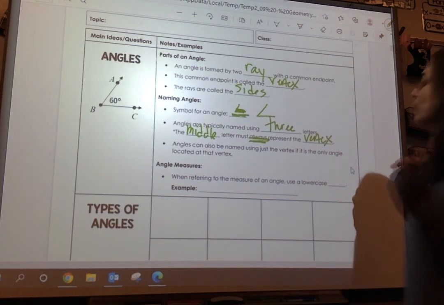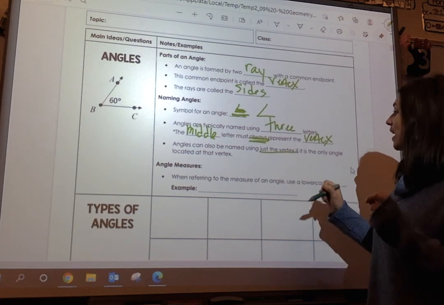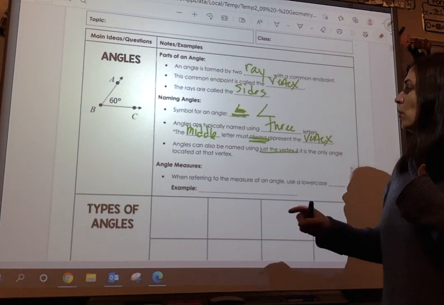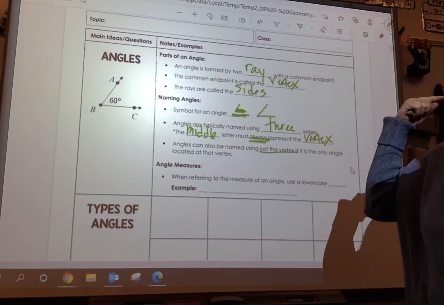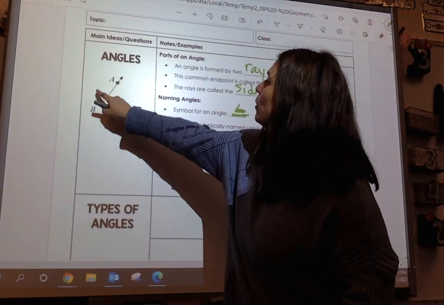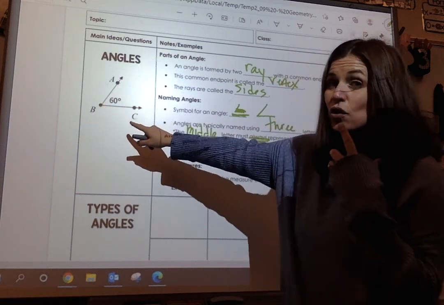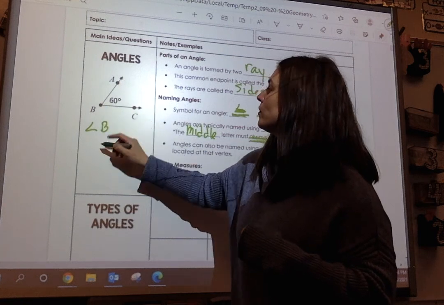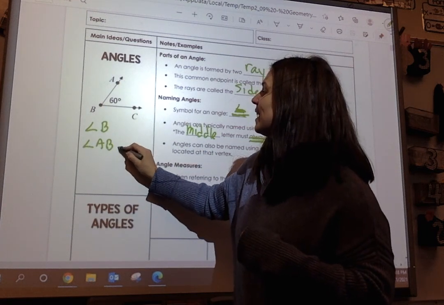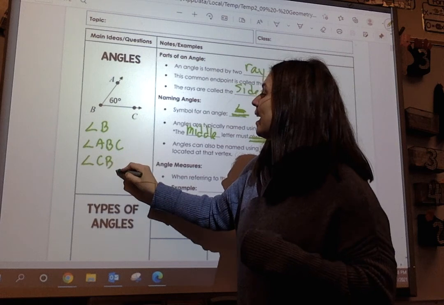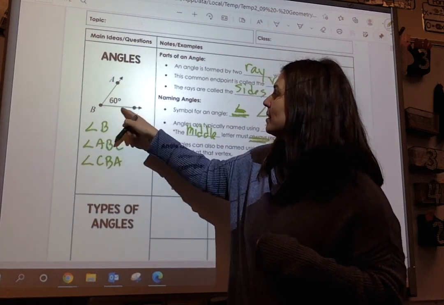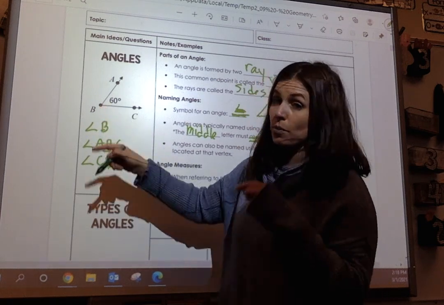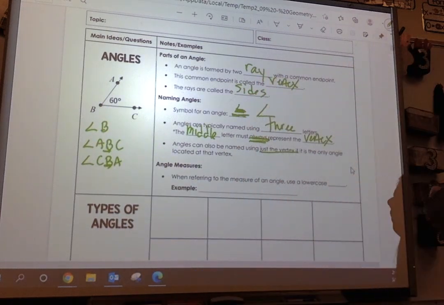The angle can also use just the vertex, but that can be the only angle in that picture. So if you look at this right here, and I wanted to name this angle, because there's only one vertex, I could name it angle B, but I also name this angle ABC, and angle CBA. So I can go ABC or CBA, but notice B, that middle term, always represents the vertex.